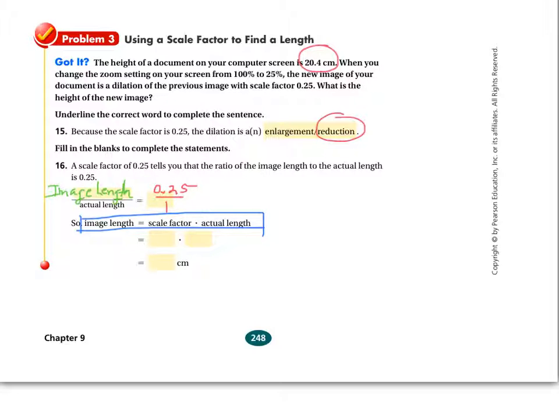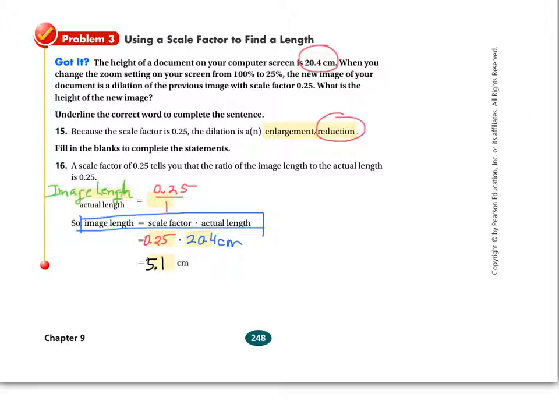And so we're just going to fill in our information that we have. So our scale factor is 0.25, and then our actual length is 20.4 centimeters. So multiply 20.4 times 0.25 with your handy dandy calculator, and you get 5.1 centimeters.